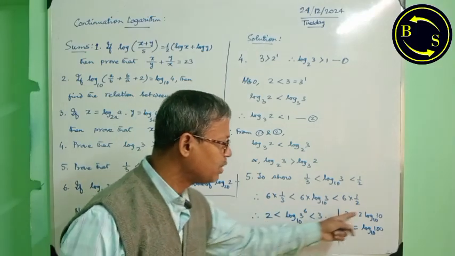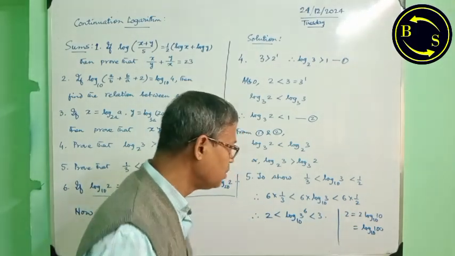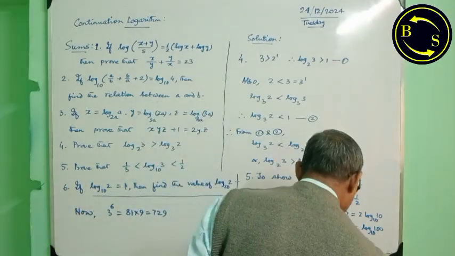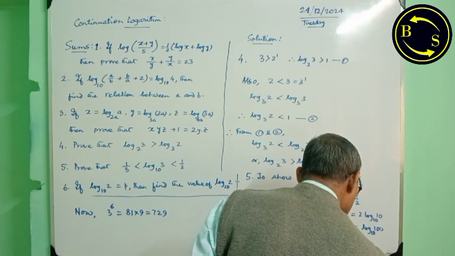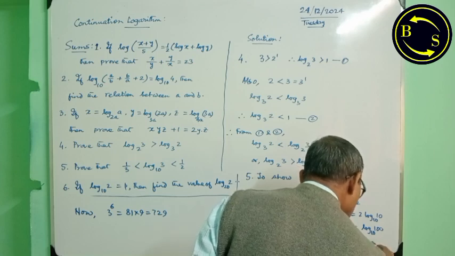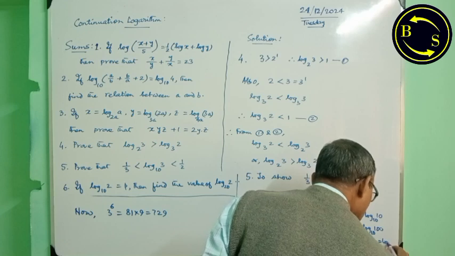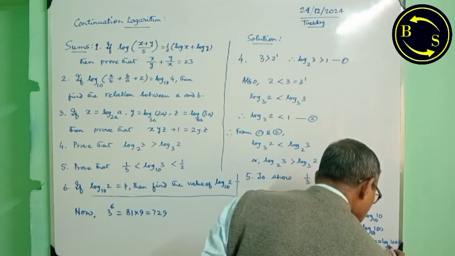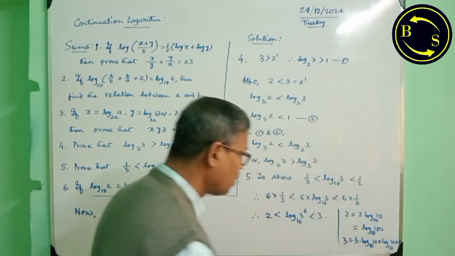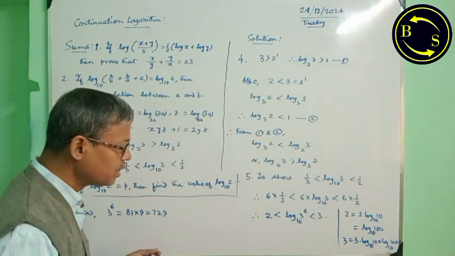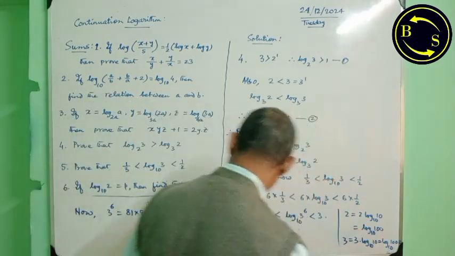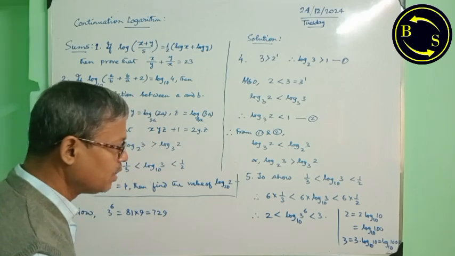These two can be written as this one, and 3 can be written as 3 into log of 10 to the base 10, that is log of 1000 to the base 10. Now 1000, 100, 729 are there.